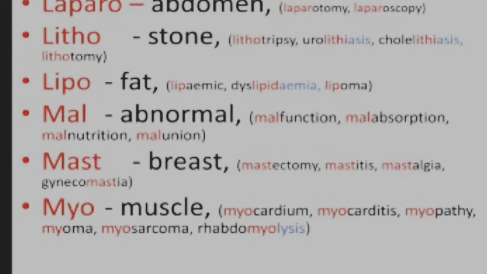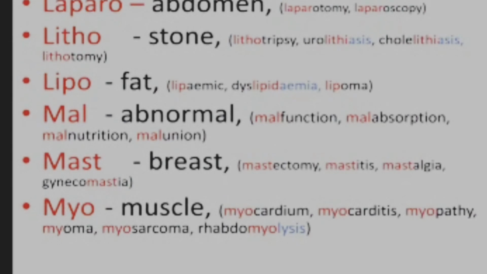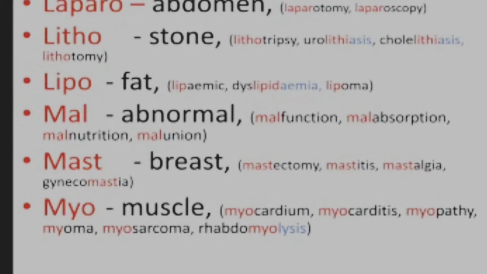It could be malunion. Mast stands for breast. Mastectomy is a removal of the breast, mastitis, inflammation or some kind of undesirable growth, or mastalgia, gynecomastia. Gyneco is something to do with women, and mast means something related to the breast.